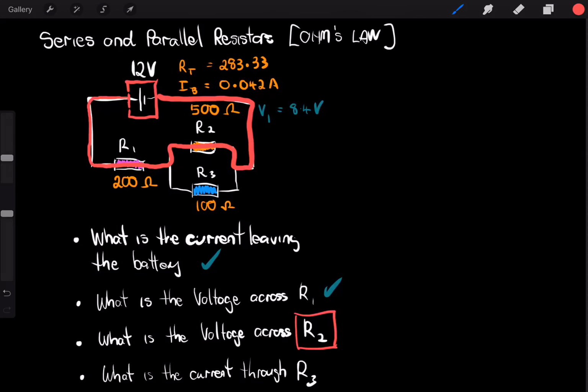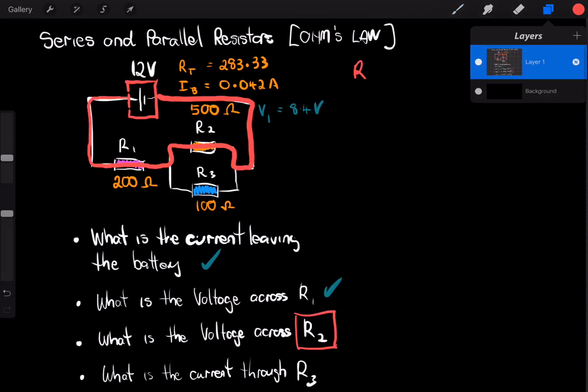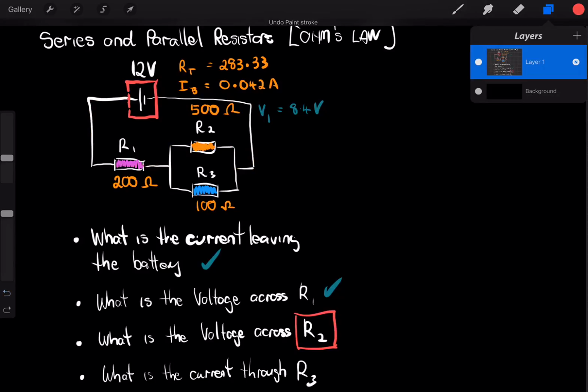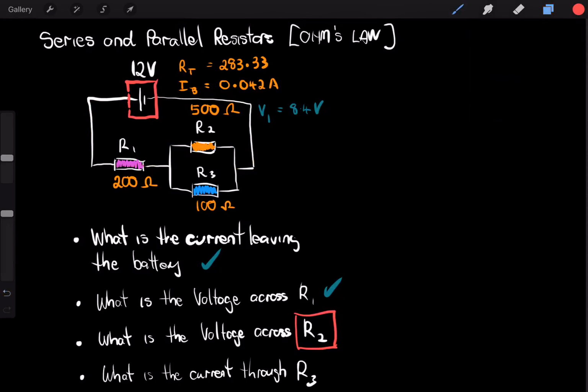I'll call it V1 actually. V1, the voltage drop across resistor 1, plus the voltage drop across resistor 2, which is V2, must equal 12 volts. But we already worked out the voltage drop across resistor 1. It's 8.4 volts.